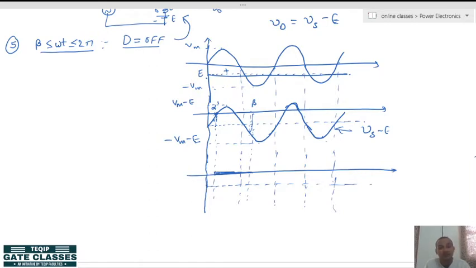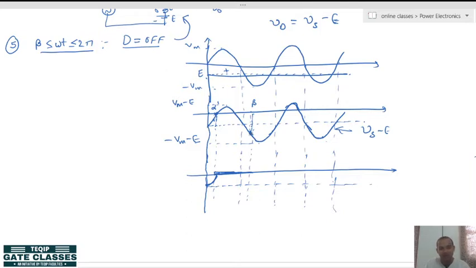So what will be the voltage? It is a shifted sine wave. From 0 to alpha dash, there is a shifted sine wave like this, and then at the beta instant, as soon as the diode recovers, it will follow whatever the combined net voltage is across it.